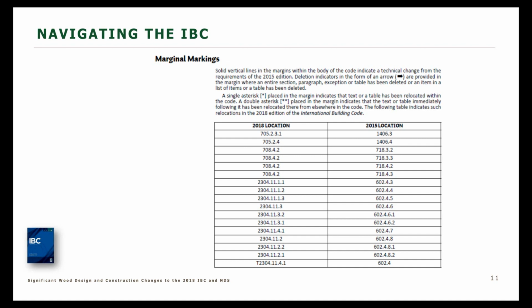Now, this summation table right here shows the areas where there's been relocation of content. And most of this has to do with wood construction, related to Chapter 7, Chapter 23, and Chapter 6, which has to do with types of construction. So a lot of this is related to wood construction, and we'll go over that when we get further on into the presentation.